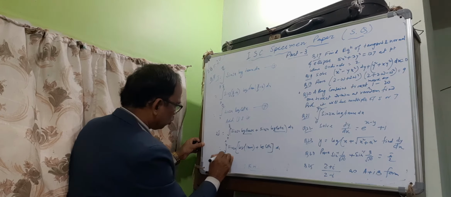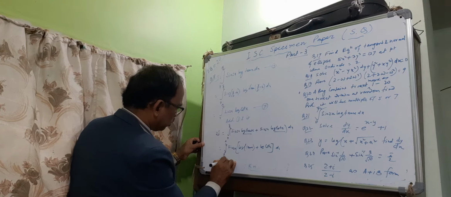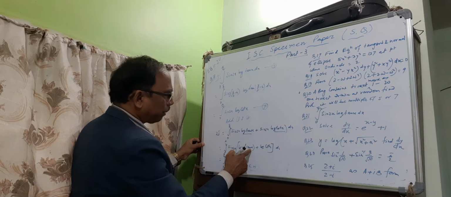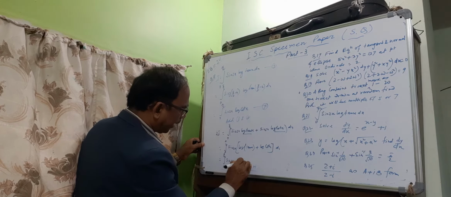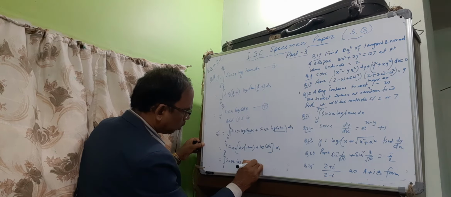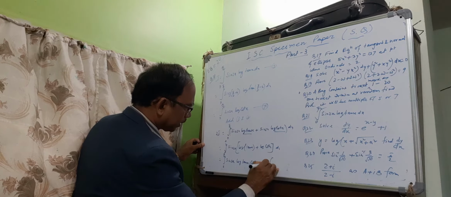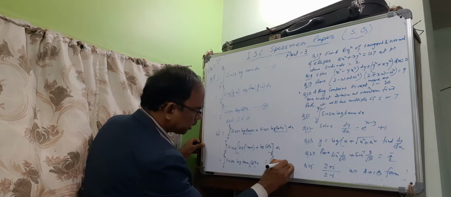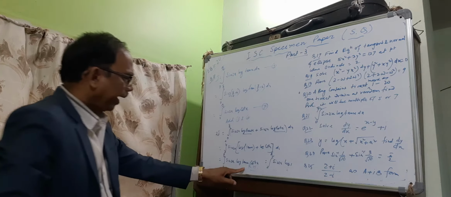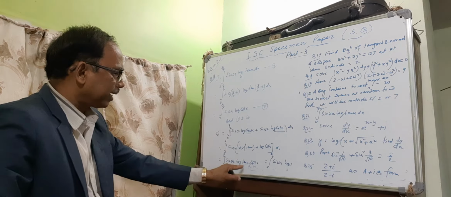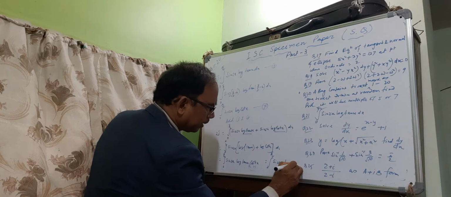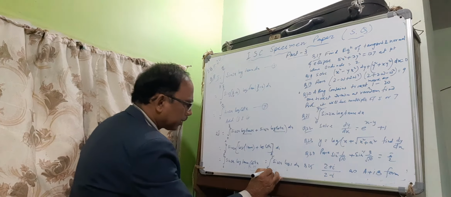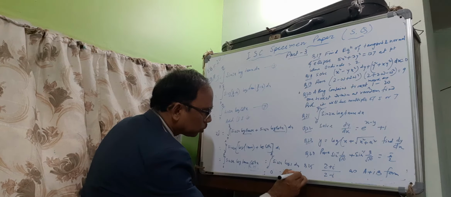Log a plus log b is log ab, so that is sine 2x times log of tan x into cot x. Tan x into cot x, that is 1 by tan x, cancels, giving log of 1. Log 1 is 0, so the whole thing is 0, therefore 2I equals 0.